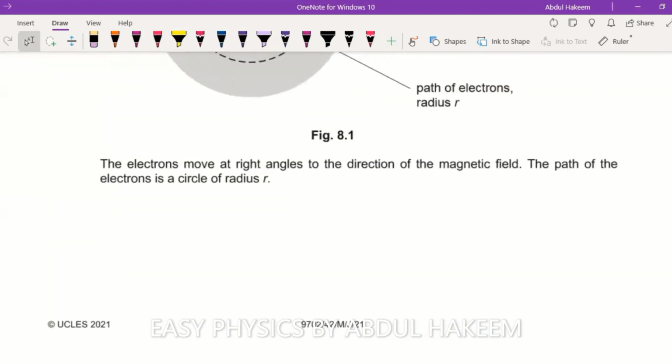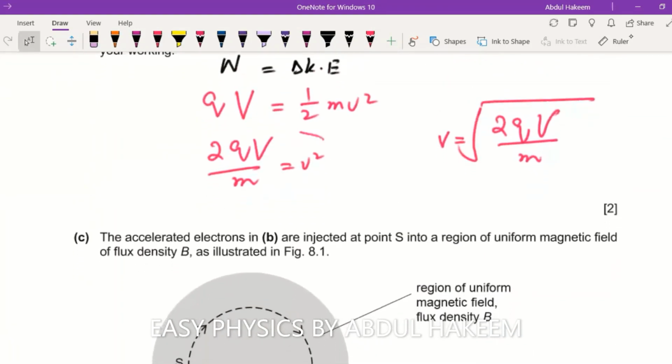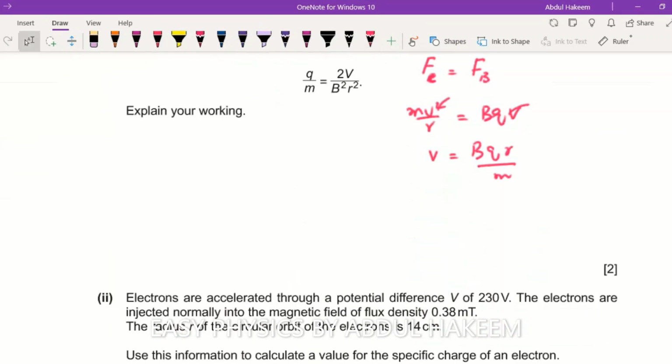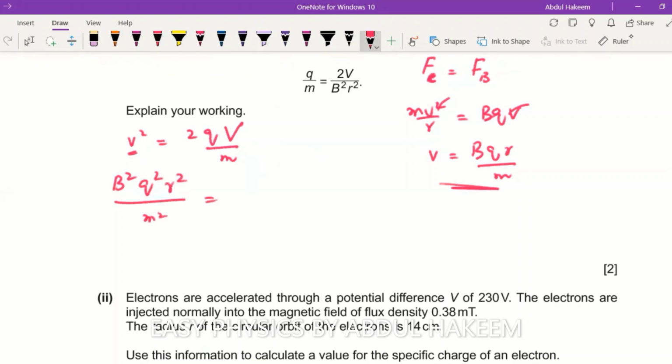But in the previous part, v squared is 2qV over m. So this v is replaced with this v, and it becomes B squared q squared r squared over m squared is equal to 2qV over m.